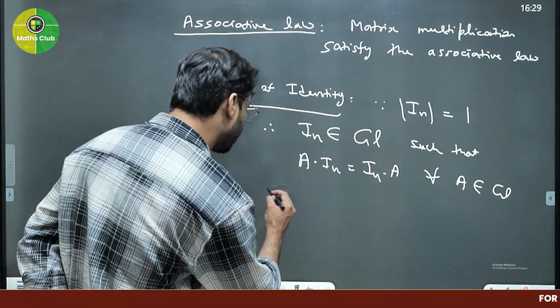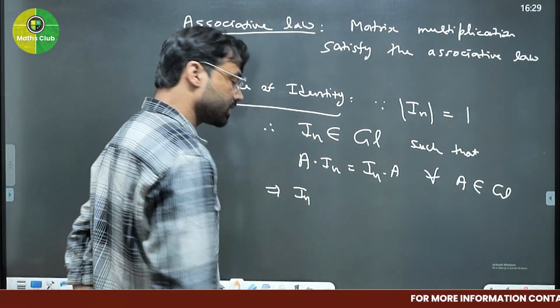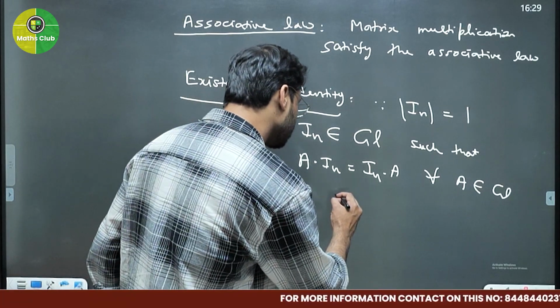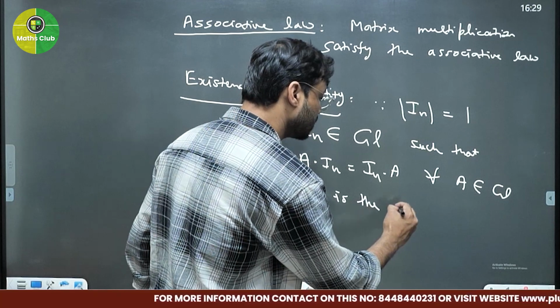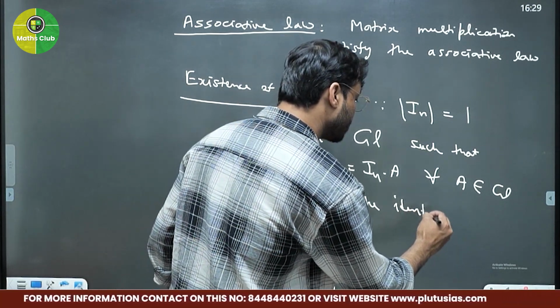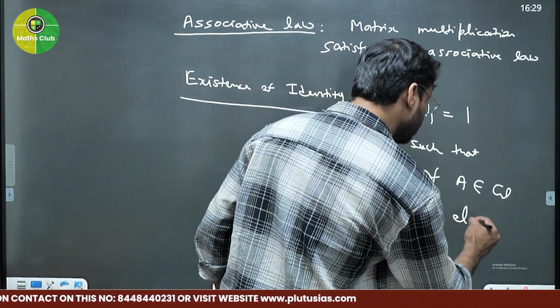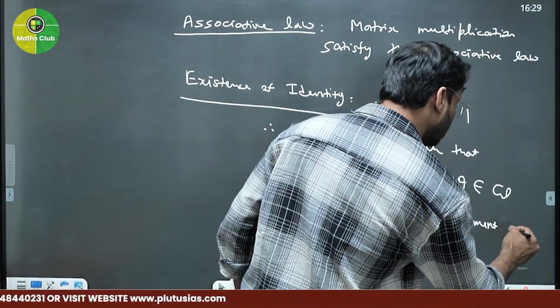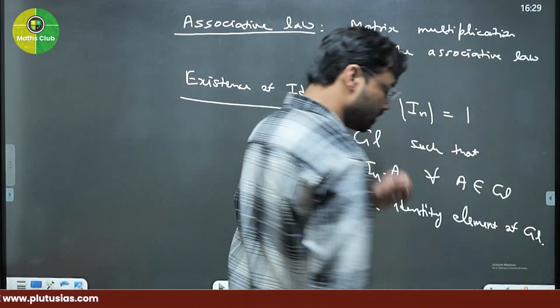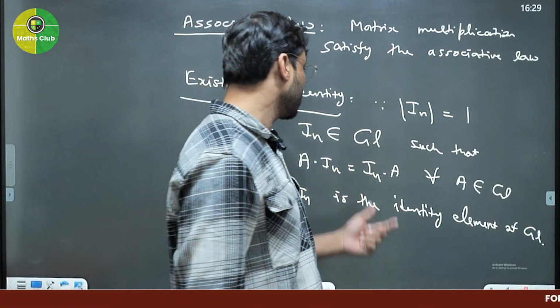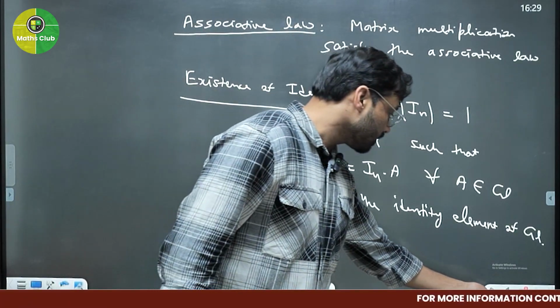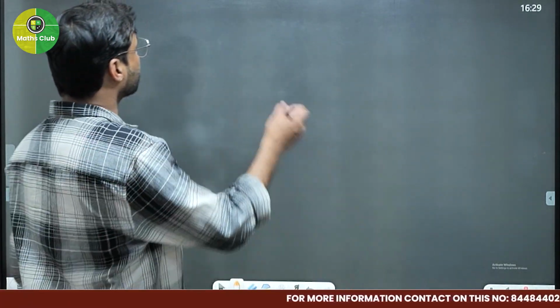That implies that the identity matrix I_n is the identity element of the general linear group.